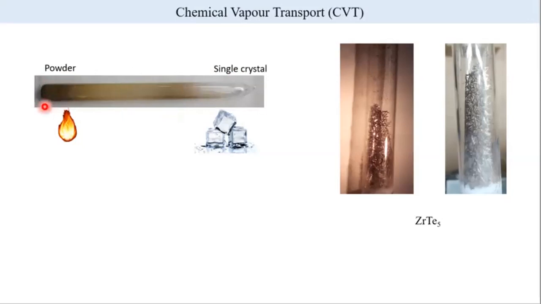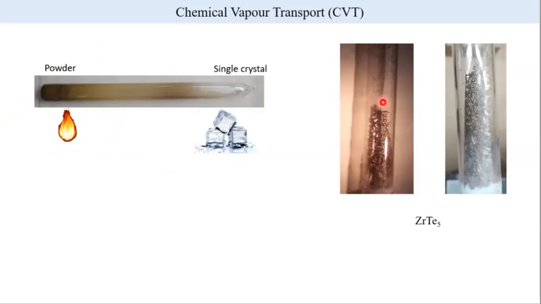I show you a real image, where the polycrystalline powder has been kept here, and this dull color comes from the iodine. It has been kept for something like 1 month, with a hot zone and a cold zone and a temperature gradient of 100, and we got something like this.